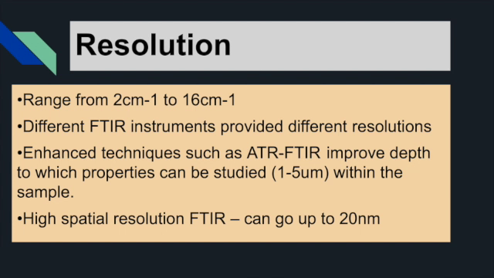For example, the ATR FTIR gives you properties up to 5 microns within the sample, while high spatial resolution can go up to 20 nanometers within the sample. So, what instrument you use and what resolution you need also determines how well the properties would be and how many of those properties you can get.